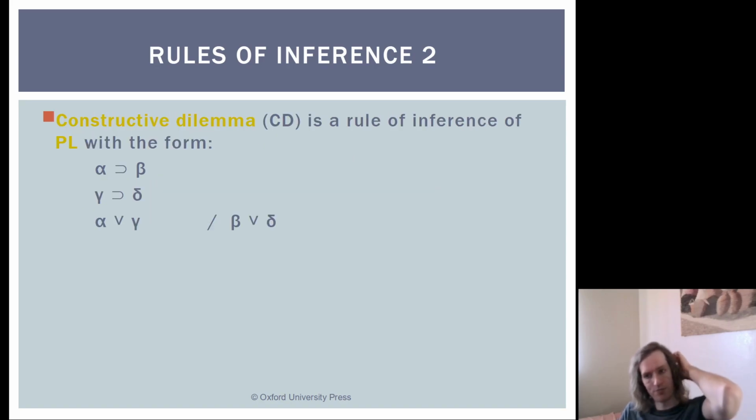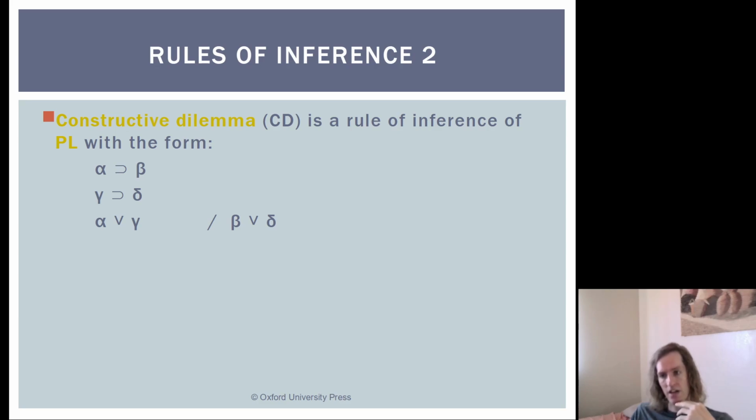All right. Next rule of inference, constructive dilemma. This one is a little bit weird because it applies to 3 lines in a proof rather than 1 or 2 like most of the others. So constructive dilemma, or CD, is a rule of inference with this form. If we have 3 things, we need 2 conditionals and a disjunction here.